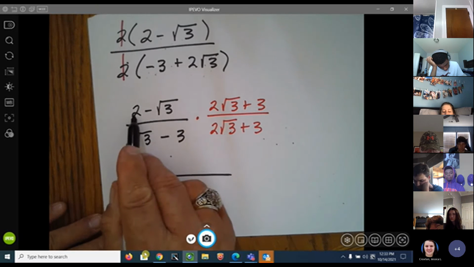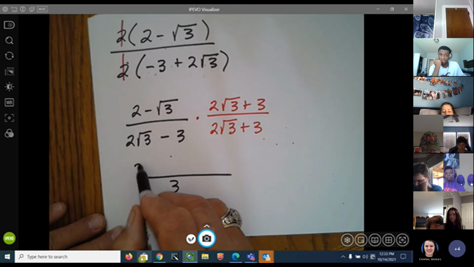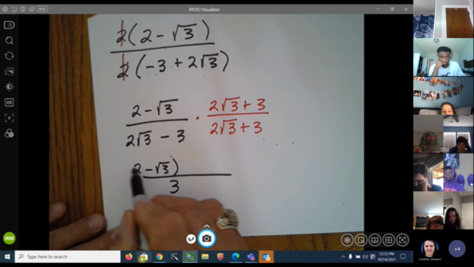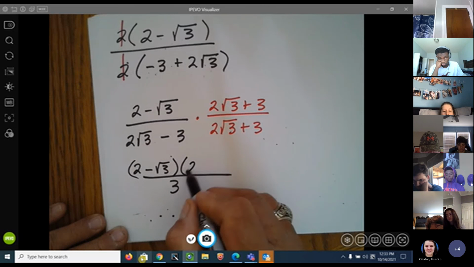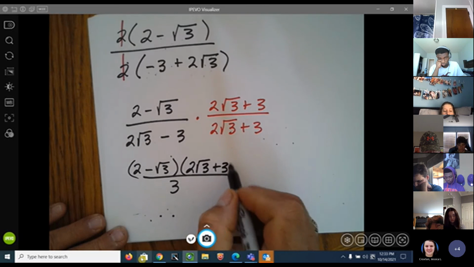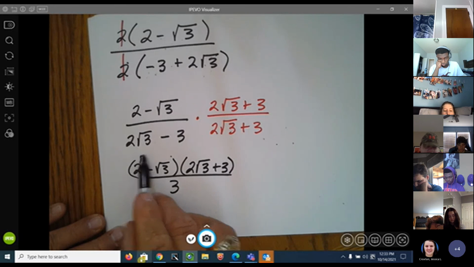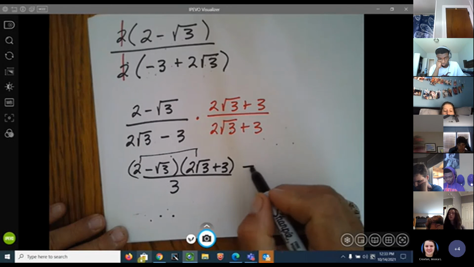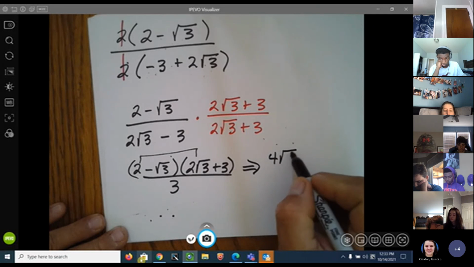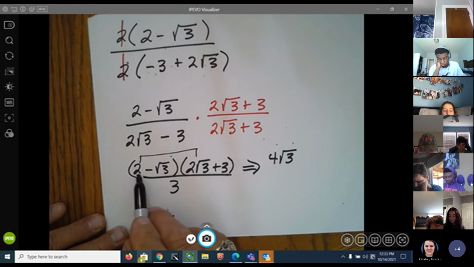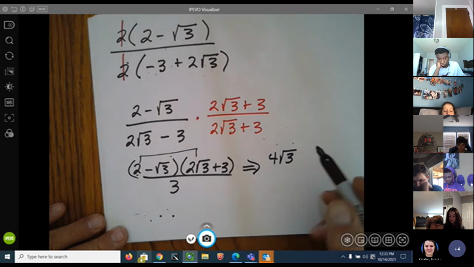And up here, you're going to get 2 minus square root of 3 times 2 square root of 3 plus 3. F, that'd be 4 square root of 3. Outside, 2 times 3 is 6.